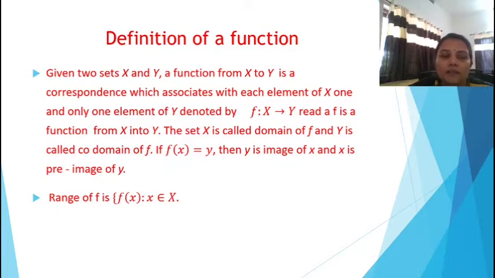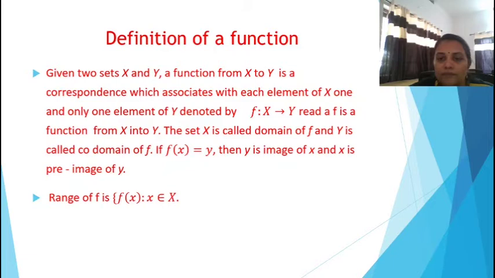What's a function? This you have already studied. Given two sets x and y, a function from x to y is a correspondence which associates with each element of x one and only one element of y, denoted by f from x to y.